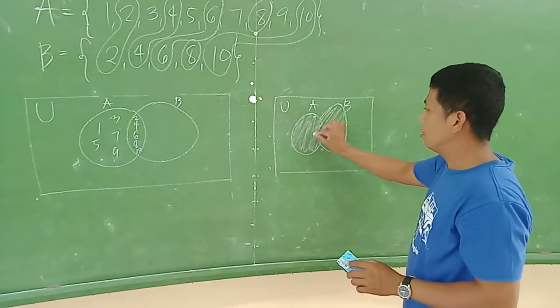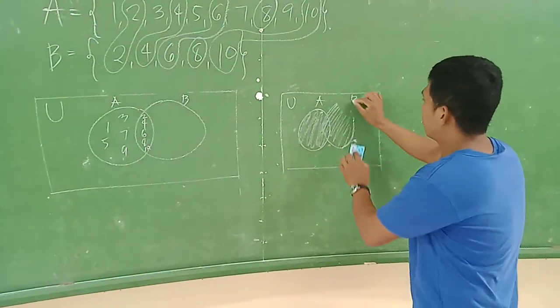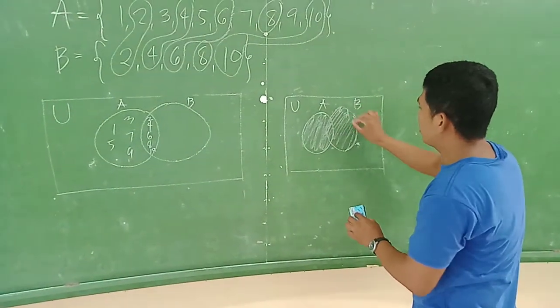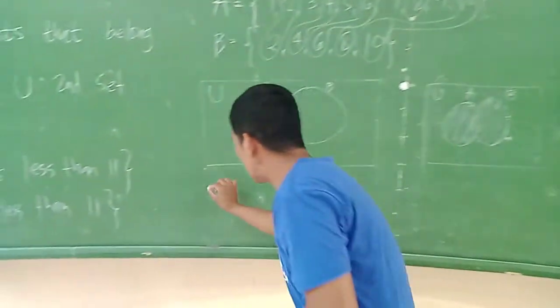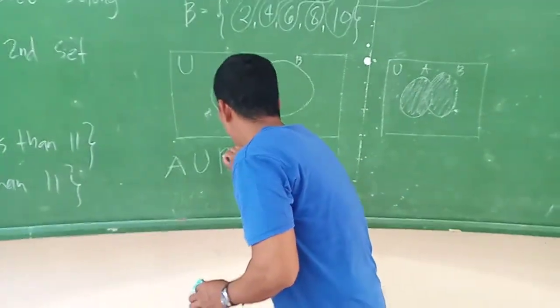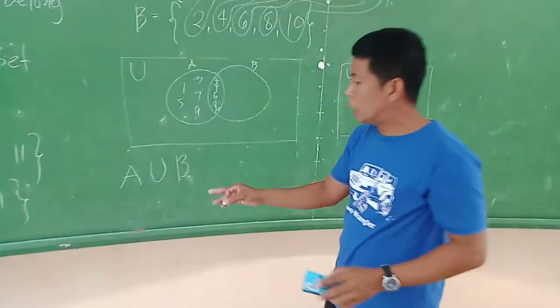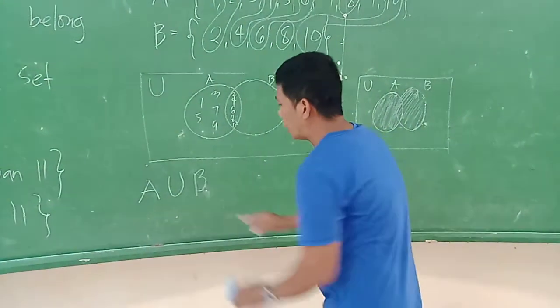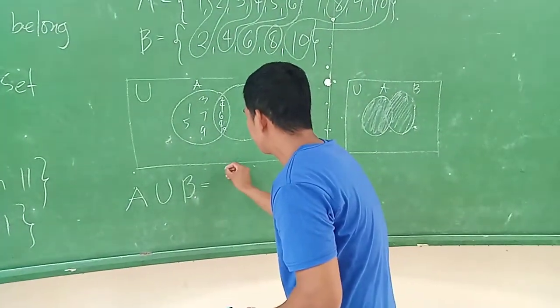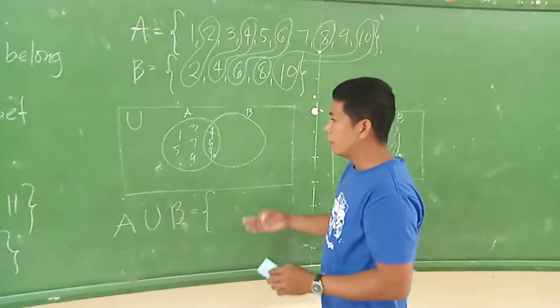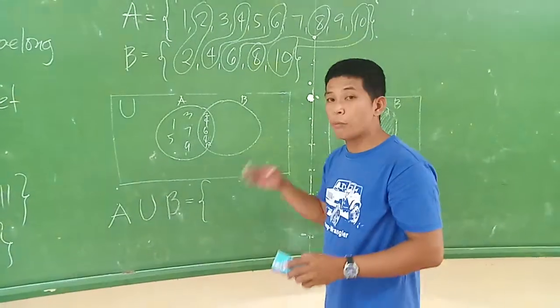In writing the union of the two sets, we write our final answer. We have A union B, because this is the symbol for union, the curve that opens upward. A union B equals all the elements that are in A and the elements that are in B, the combination of the two sets.